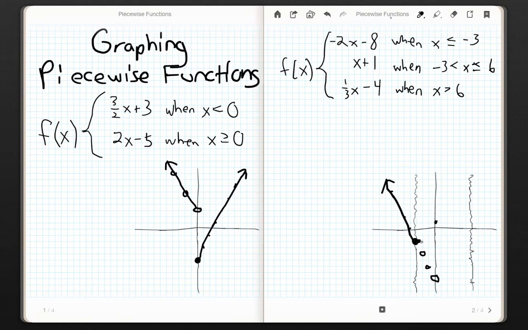Slope of 1 is just up 1, right 1, so we can just draw it like that. And since this part of the function includes 6, we can put a closed dot on the line where x equals 6 over here.